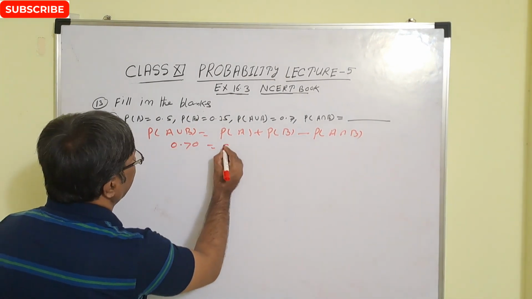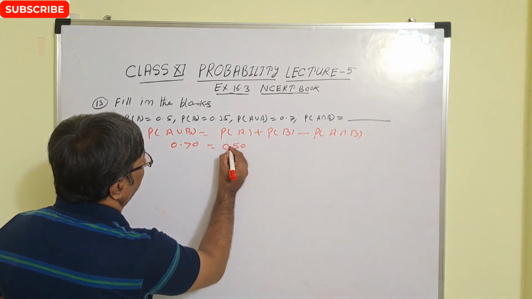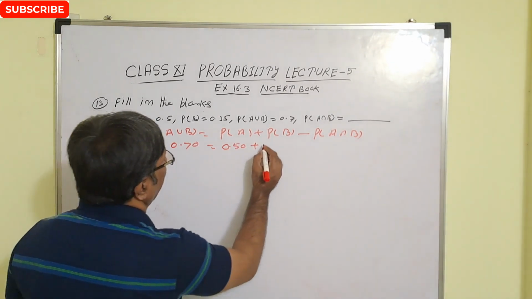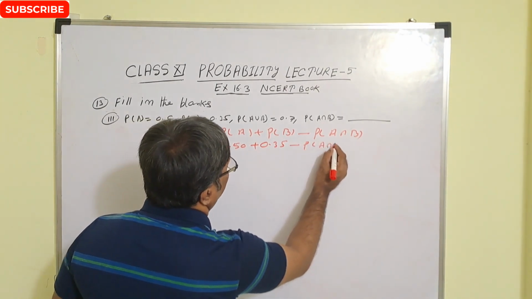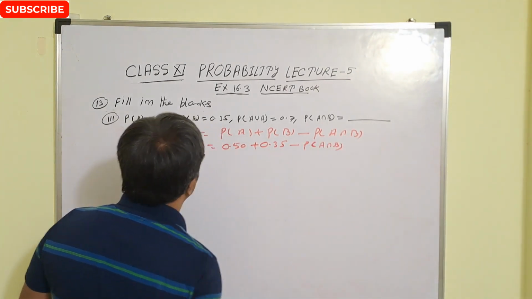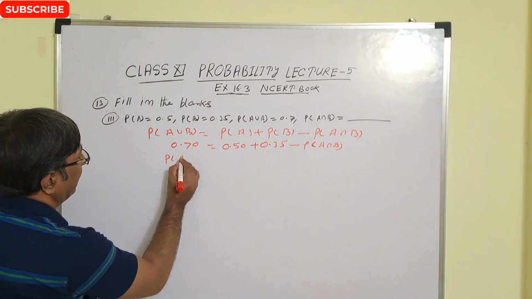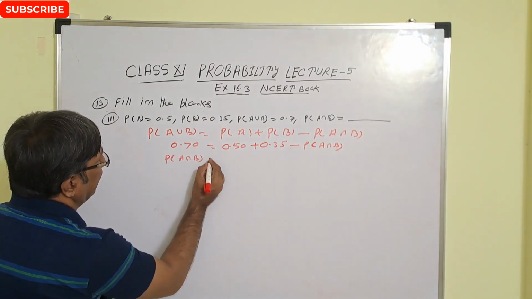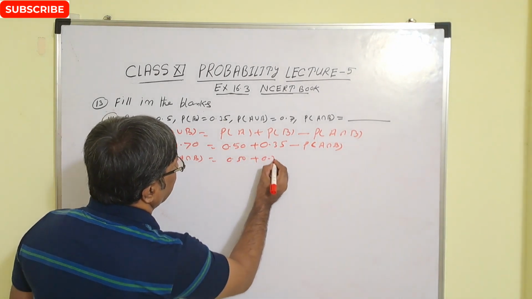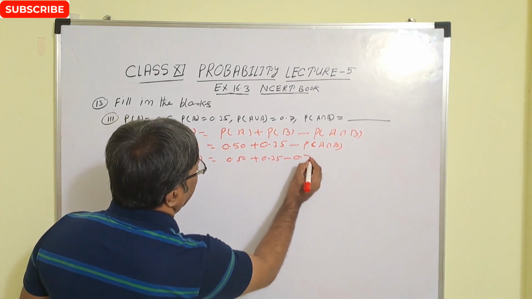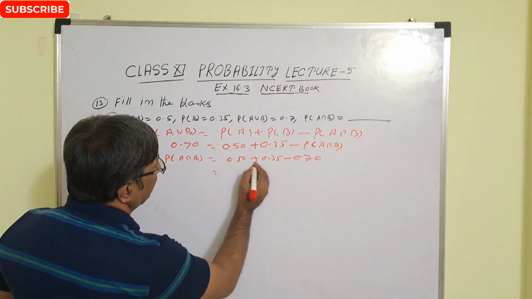A is given 0.5, so 0.50. Probability of B is given 0.35. Minus, we have to find probability of A intersection B. So probability of A intersection B equals 0.50 plus 0.35 minus 0.70. So this is what?